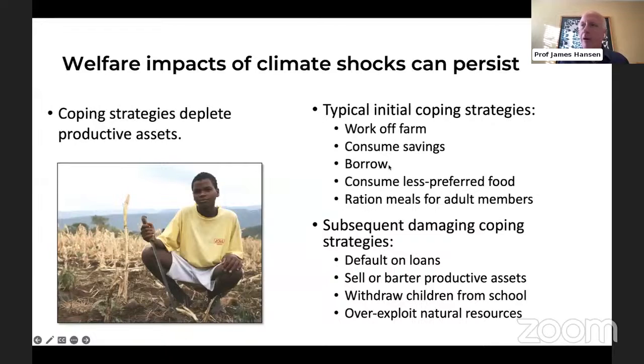When they run out of savings, borrowing from banks or from family, from relatives. They may consume less preferred, which is often less nutritious food. They may ration meals and reduce overall consumption for adult family members. All of these coping strategies cause hardship, but those hardships tend to be resolved later once they have a good harvest.